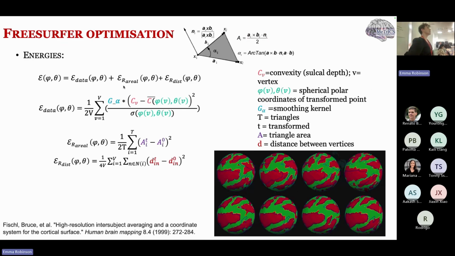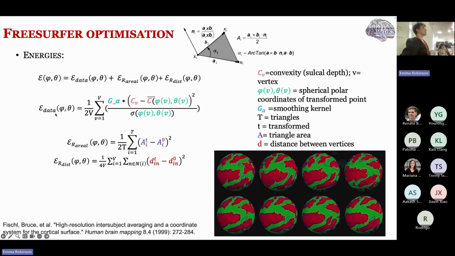FreeSurfer does this in a relatively simple way. First of all, when we talk about deforming the mesh, we're always talking about deforming the native, high resolution mesh. So you're working at very high resolution, which means that your vertex points on your mesh are very, very close together. That immediately creates problems because there are too many points that have to move together with each other, and the regularization that it's imposing is relatively weak.